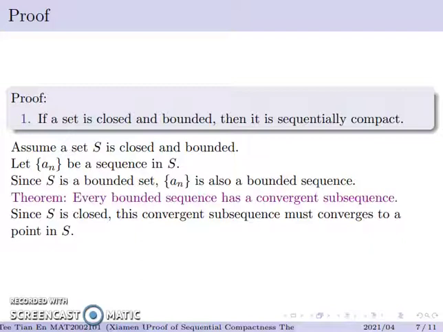Because the subsequence is convergent, it will converge to a point, and because the set S is closed, the point must also be inside S. And therefore this proves that S is sequentially compact, because for every sequence in the set, it has a subsequence that converges to a point inside the set. So it's sequentially compact. Then we have proved the first direction.